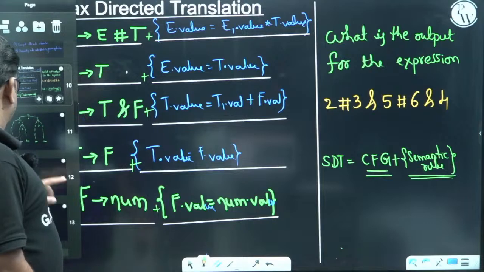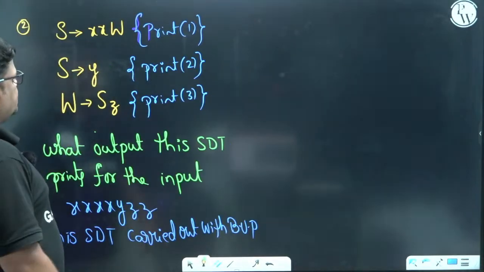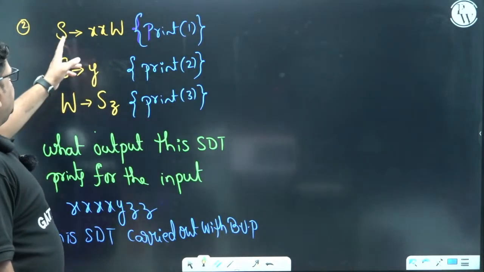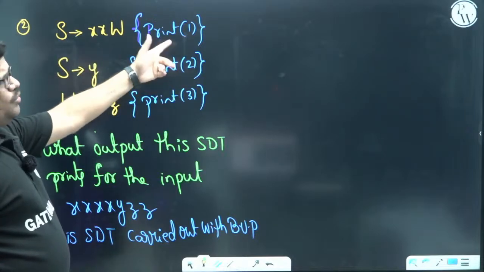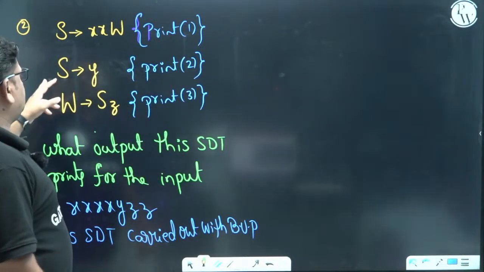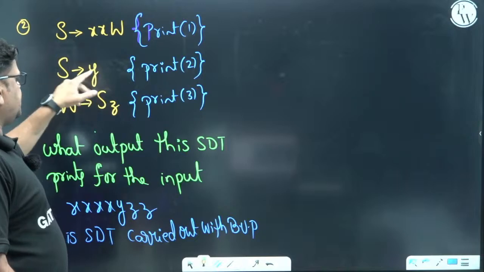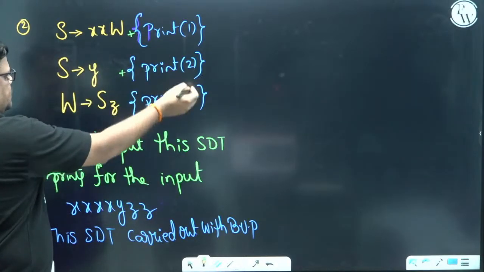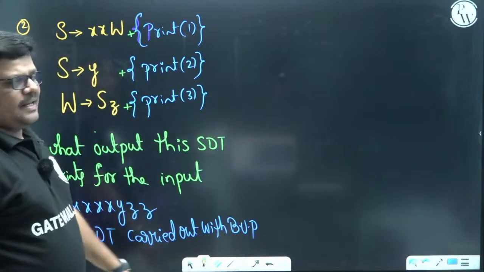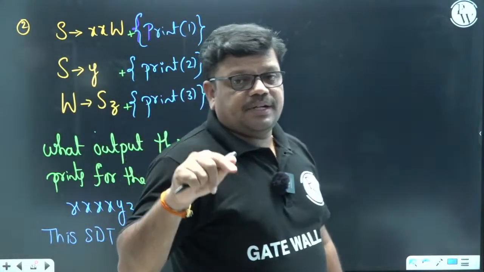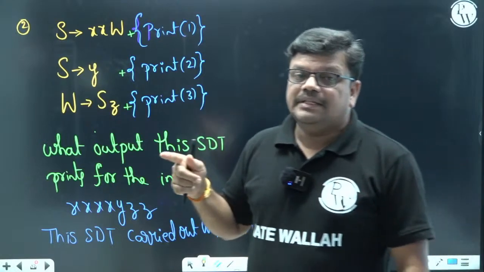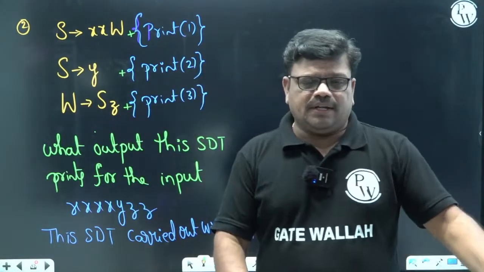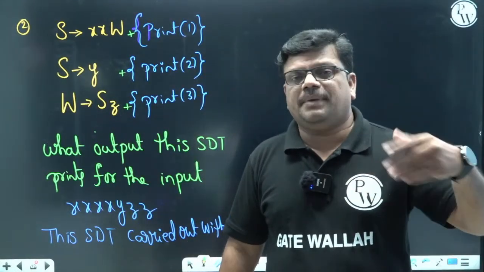Look at this. This is one more SDT: a grammar production plus its rule, grammar production plus rule, grammar production plus rule. Like this, a context-free grammar production having semantic rules. Not only one, the semantic rule can be a set of semantic rules.